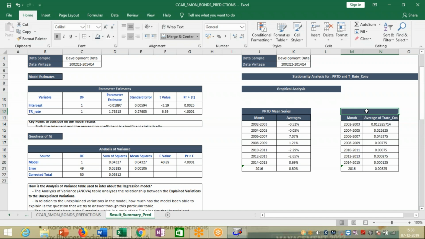So this is the treasury rate mean series. Right, so over here, if you have a look, again you see that the average series has increased.